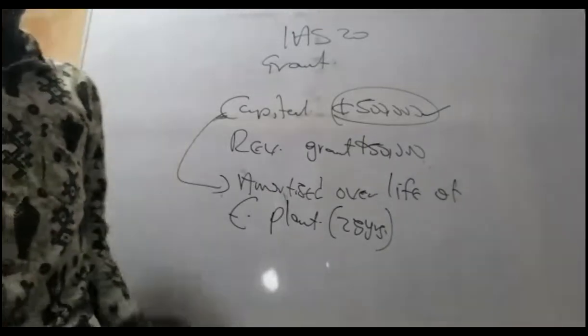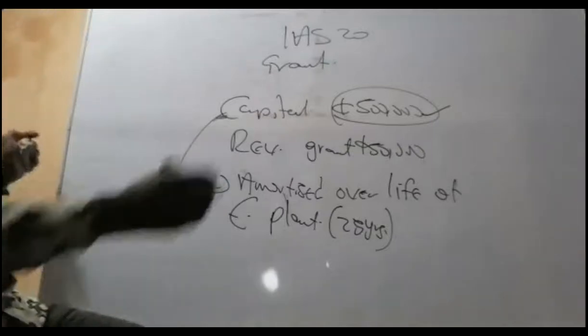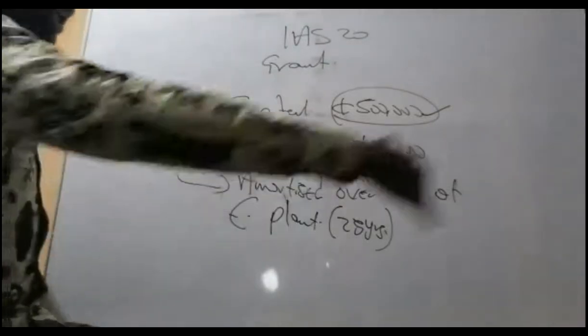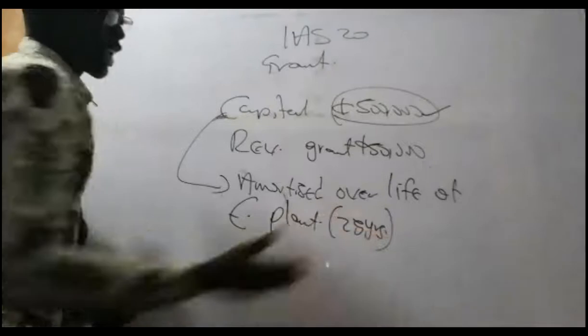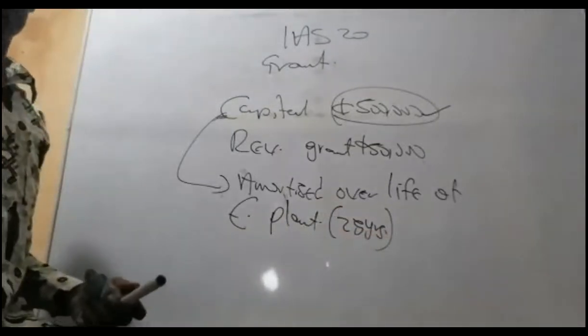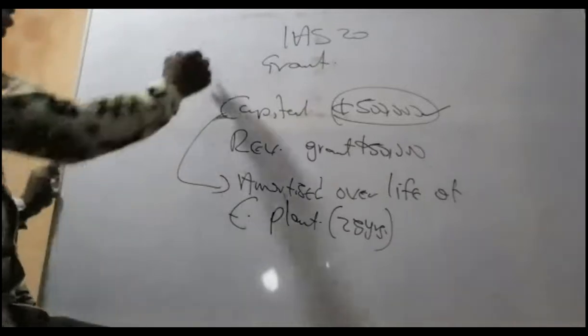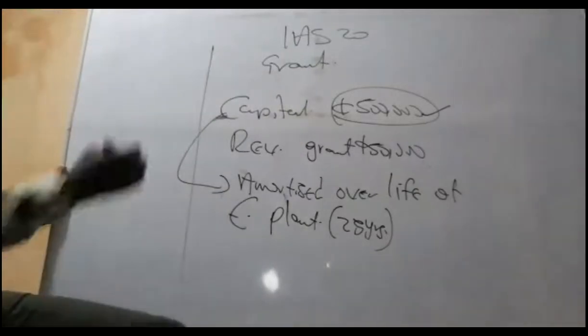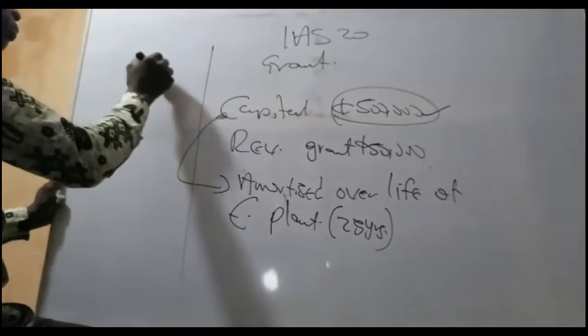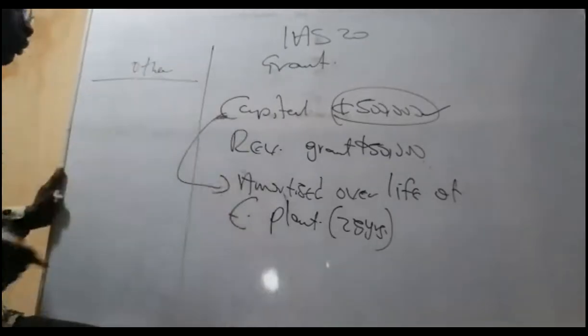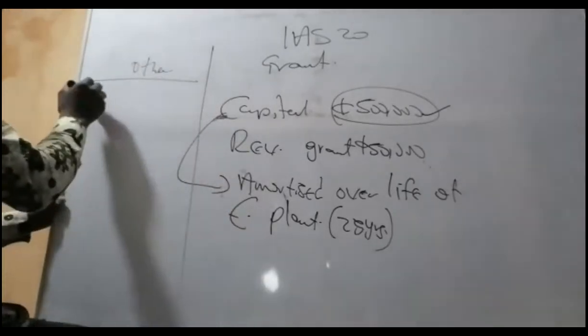So here, the relevant entries will be like this. First, the entire grant must be deferred over the life of the asset and amortized, so that every year a portion is released. When you go to the income statement, you go to your other income, then you record grants.